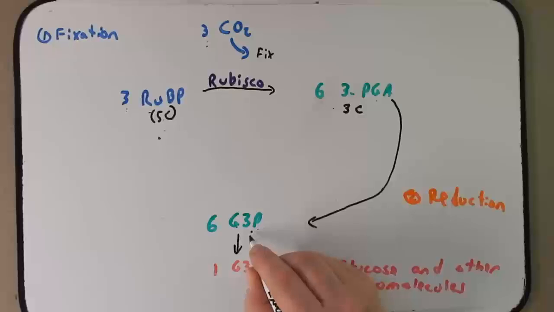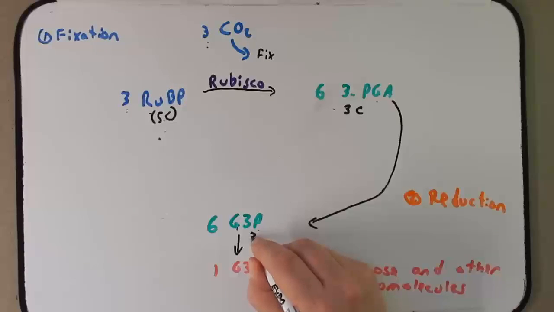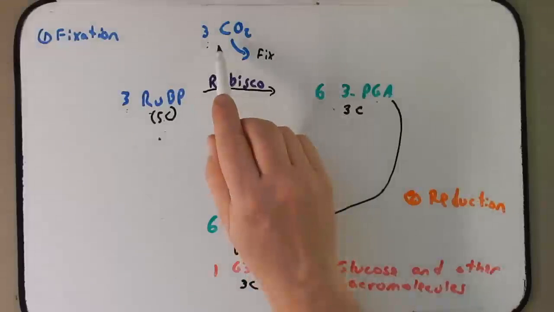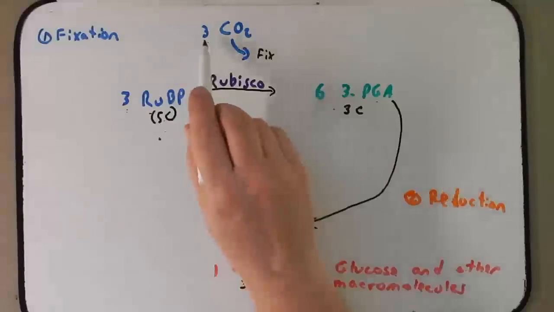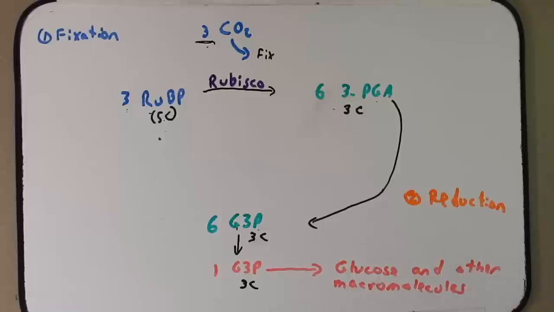And I should also point out that each of these G3P molecules also contains 3 carbons. And we just lost these 3. You might have caught on then that the way we're going to get those 3 back is through these 3 carbon dioxides that enter. But we'll come back to that in a moment. At this point, we've ended the reduction phase.